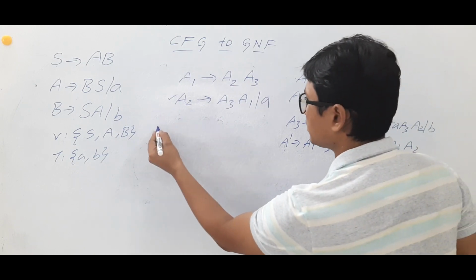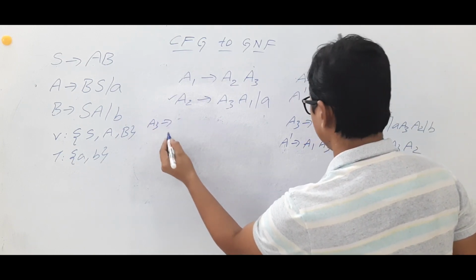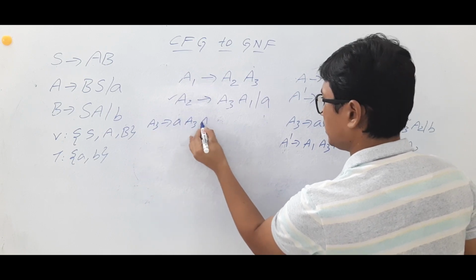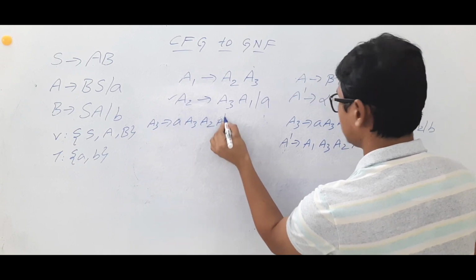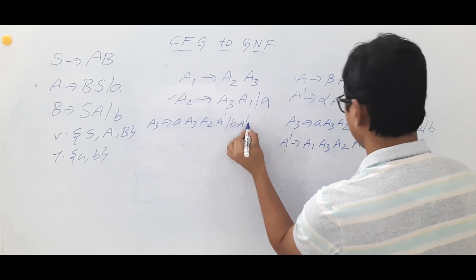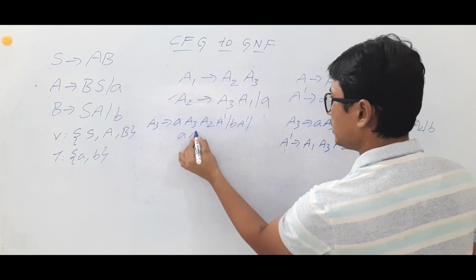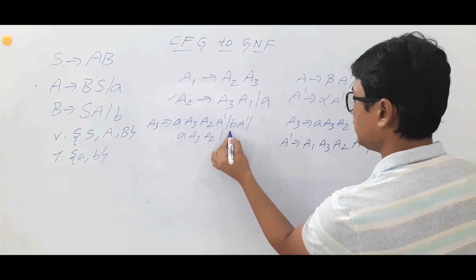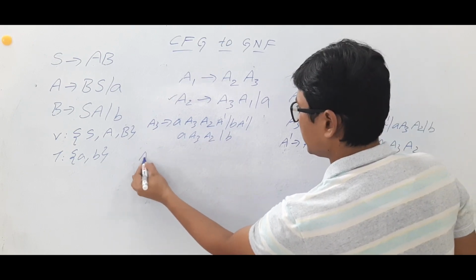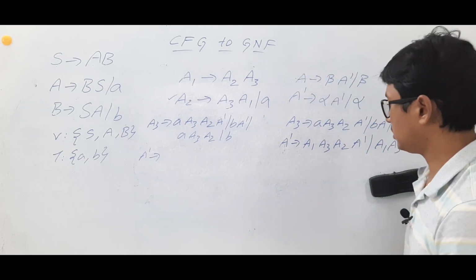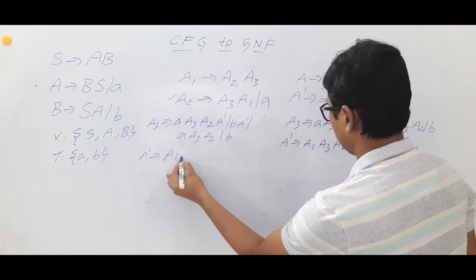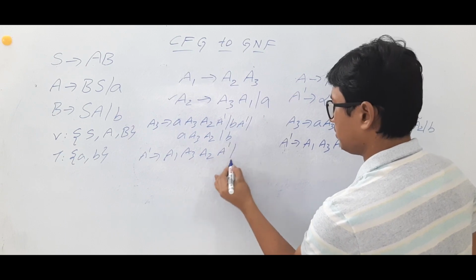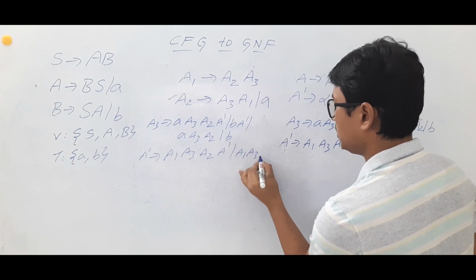In place of A3, I got A3, A2, A dash by B A dash, or A3, A2 by beta. Then A dash is the new production I got. A1, A3, A2, A dash by A1, A3, A2.